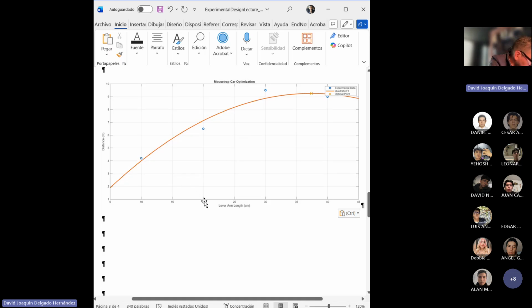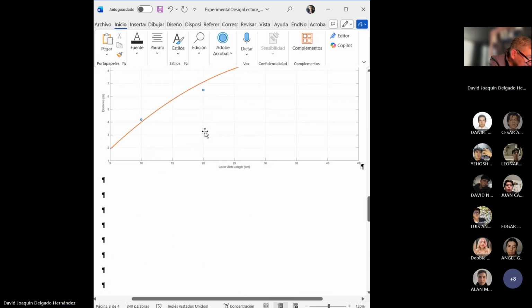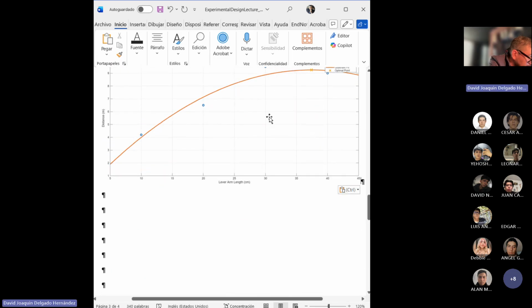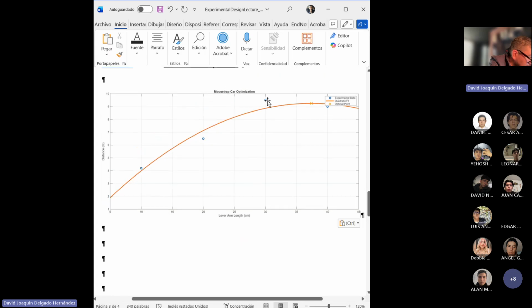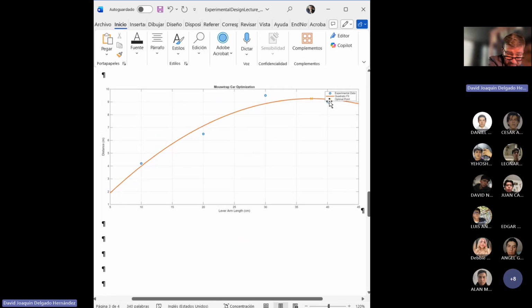If you have 20 in the lever arm length, you can reach a distance of 6.5. If you have 30, you can reach a distance of 9.5. And here, if you have 40, the distance is only 9, okay?